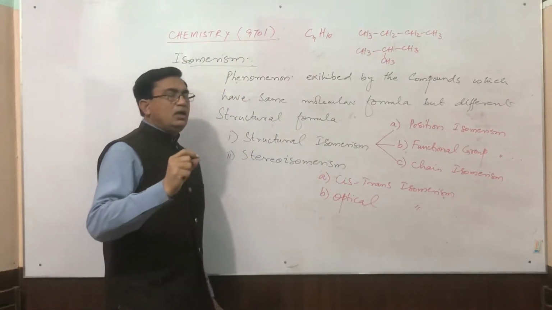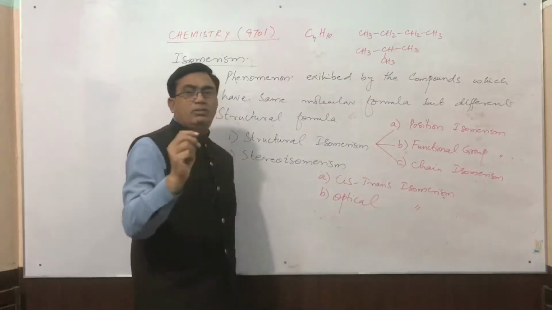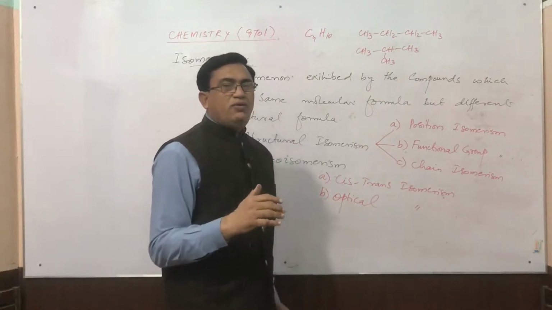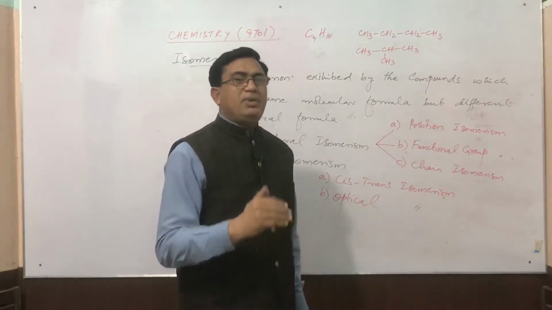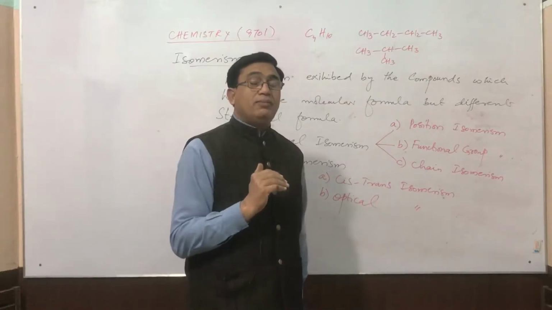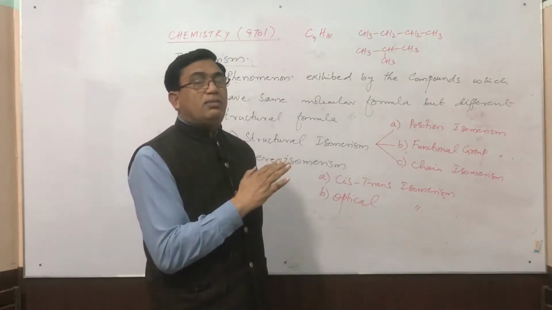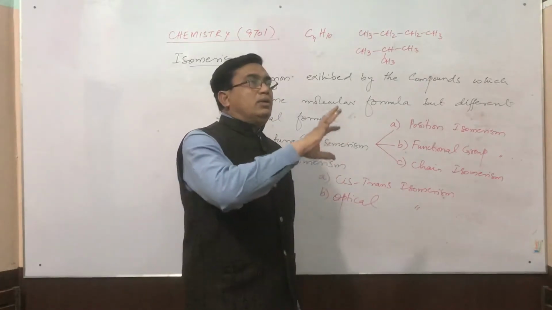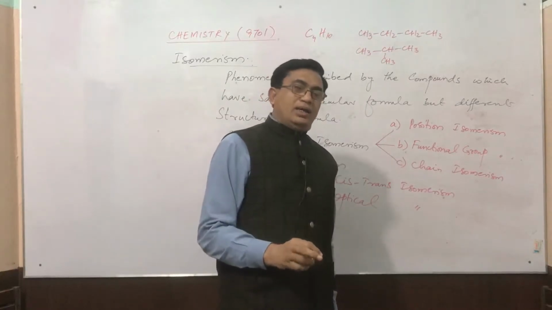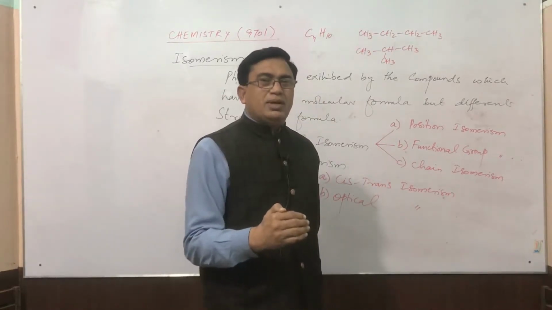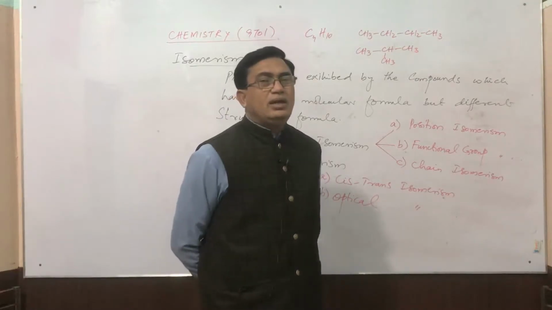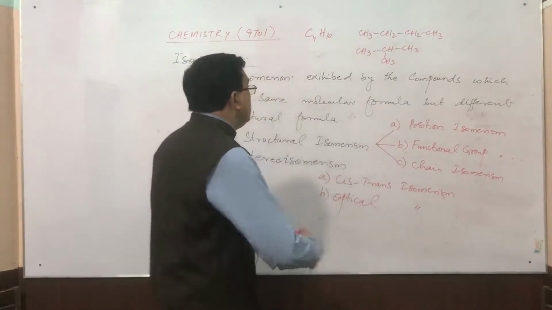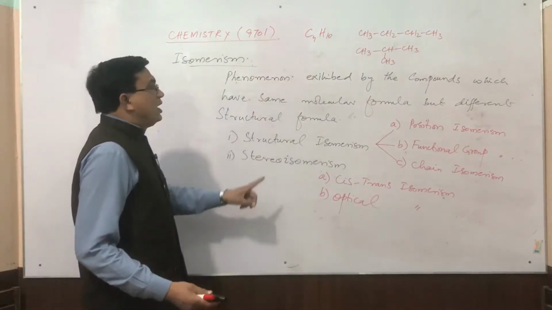Briefly, if the molecular formula and the number of atoms are the same, but the IUPAC name is different, then the two compounds are definitely isomers of each other. But if the molecular formula is the same and the IUPAC name remains the same, then they are not isomers of each other. This is the definition of isomerism.